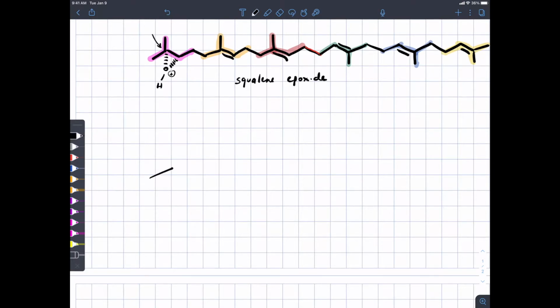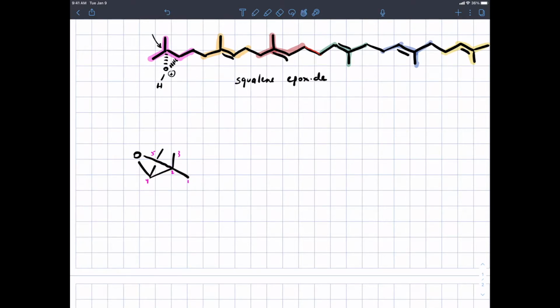Starting with the pink subunit again. So this will be 1, 2, 3, 4, 5. And we'll go ahead and show the epoxide here, that's sort of in front. The epoxide is down here, but it's up here because we've peeled that part of the molecule and twisted it around in front of us.